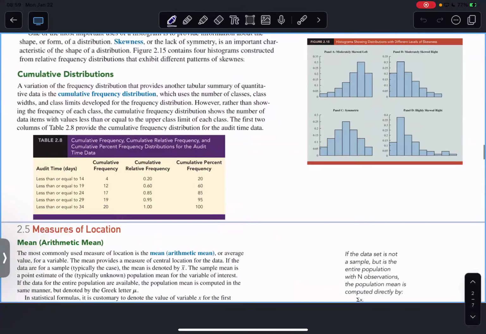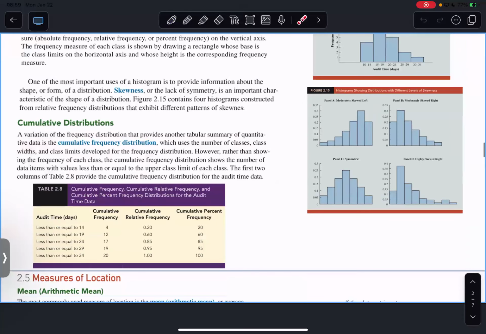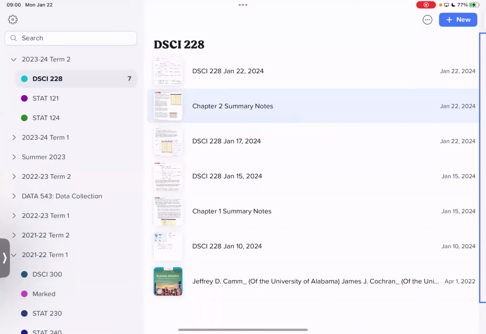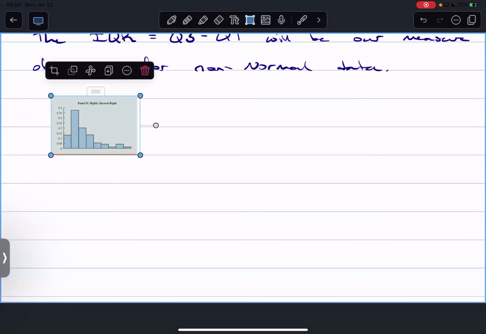Might look something, none of them have outliers, but it might look something like this, right? And I don't suspect that any of these are outliers, but let me just grab one and make one.